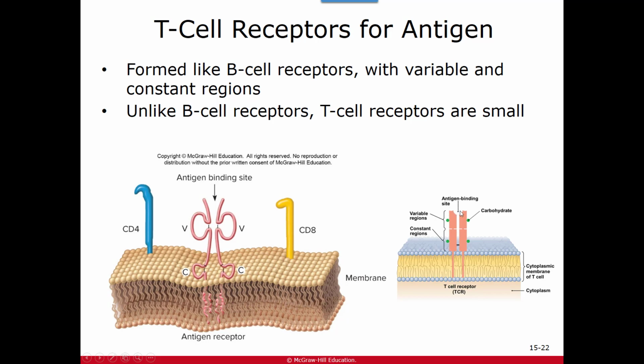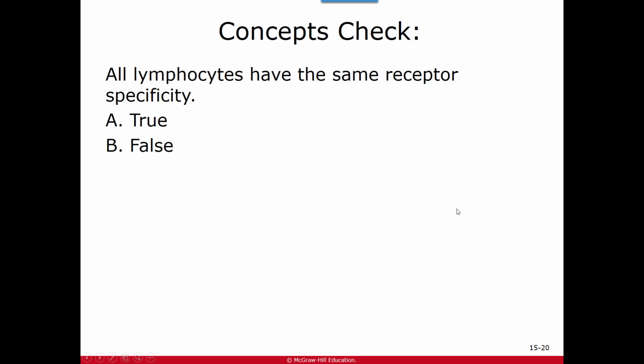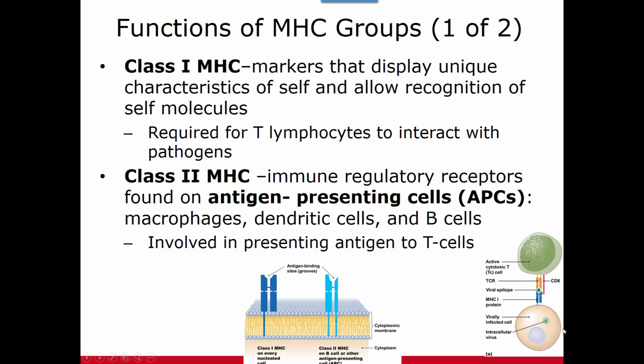Again, it's going to recognize some type of antigen. Usually, I'm going to go back a few slides, usually an antigen that's going to be attached to an MHC. So here you'd have your T cell. Here's your T cell receptor, the TCR.